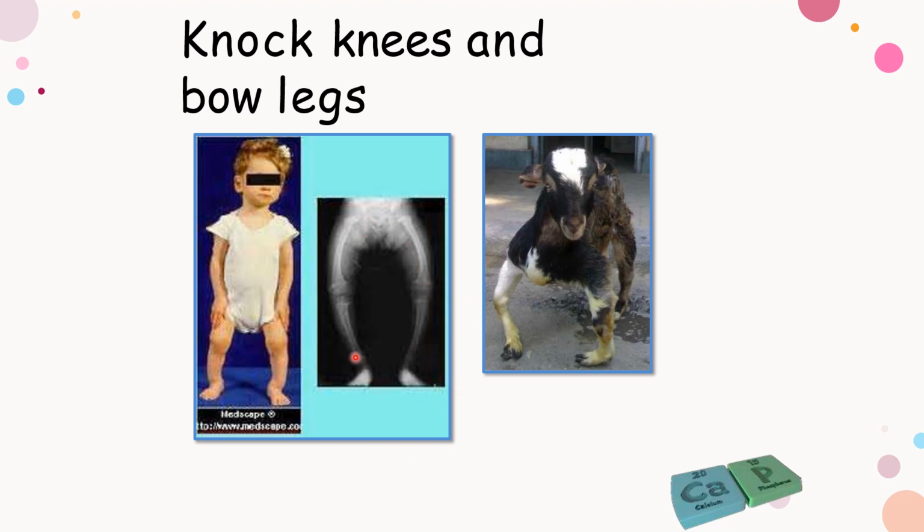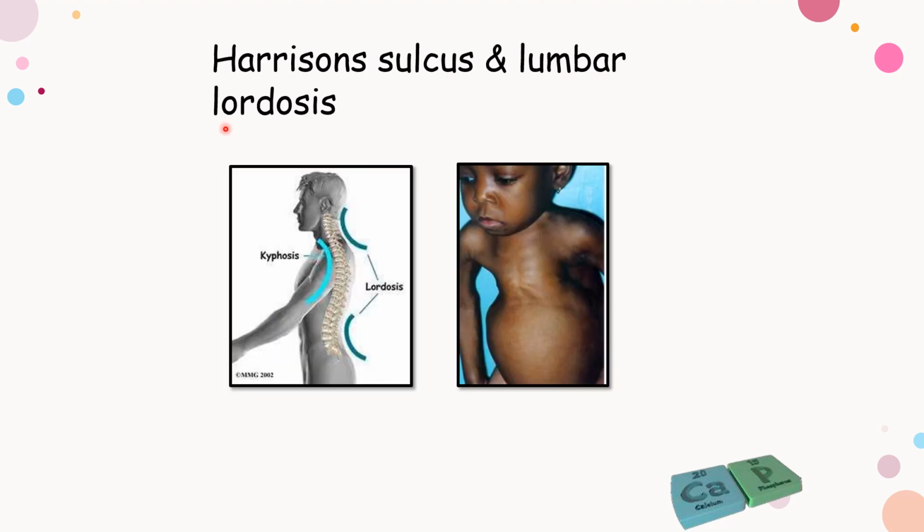Knock knees means they will be coming closer together at the ends, and the borders will be in a concave shape. So it is called knock knees or bow legs. So here this is lumbar lordosis and Harrison sulcus. The increased convexity is present in the thoracic part, and then concavity is present in the cervical and lumbar region.